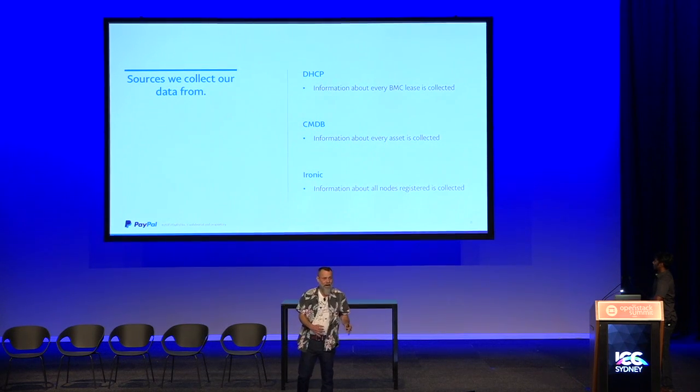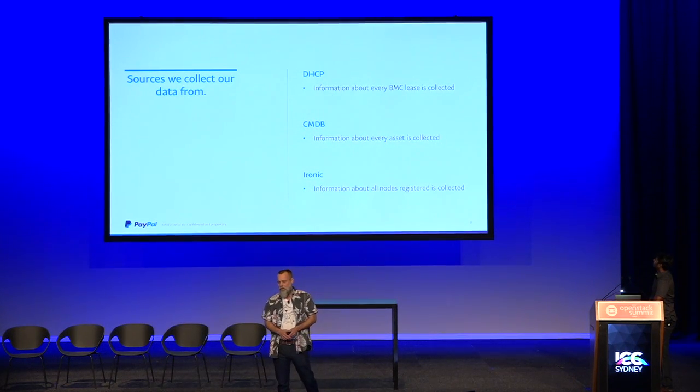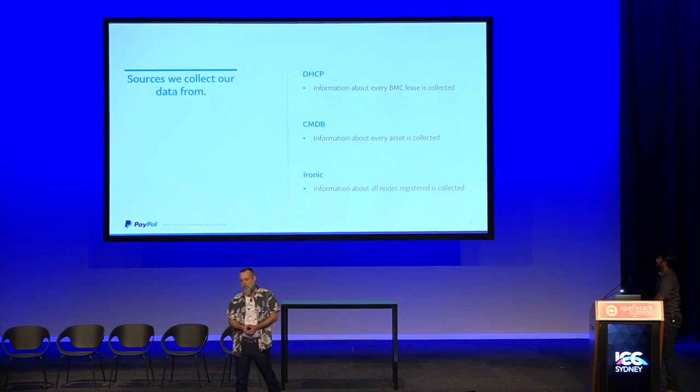The sources we collect data from are DHCP, so every lease for every BMC is captured. Our CMDB, linked to our accounting systems, already has information about systems that we expect to come into the data center and that should be in the data center. And Ironic, of course, has information about the nodes registered in it.